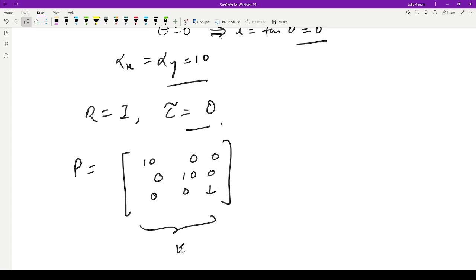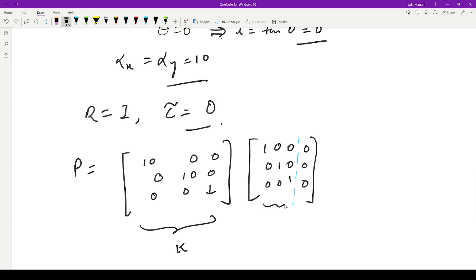This part is the matrix K, and the next part is R. R is identity, so I'm not writing it here. Then I'll write the identity matrix here, and this is the C tilde part. So this is the identity, and here is the negative of C tilde, which is also the same.